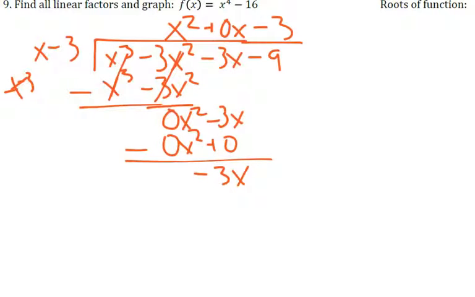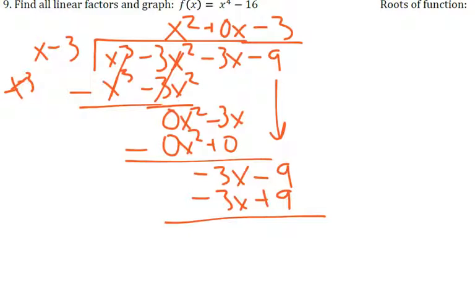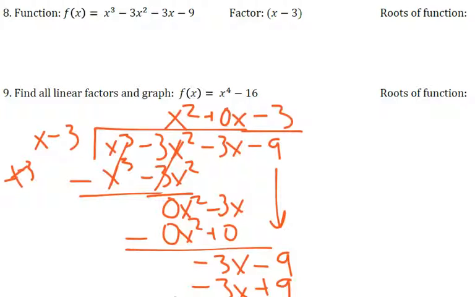Yep, -3 times x would give us -3x, and -3 times -3 gives us a positive 9. So yeah, that one ends up not working either, does it? So we get a -18. So once again, that one didn't really help us out.